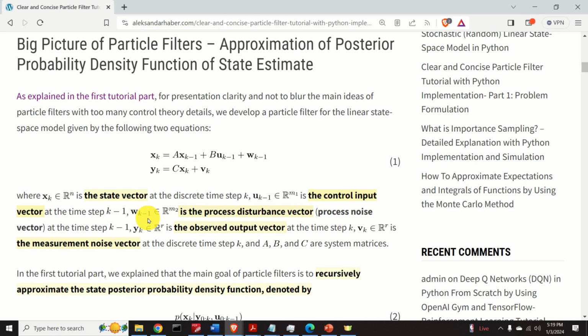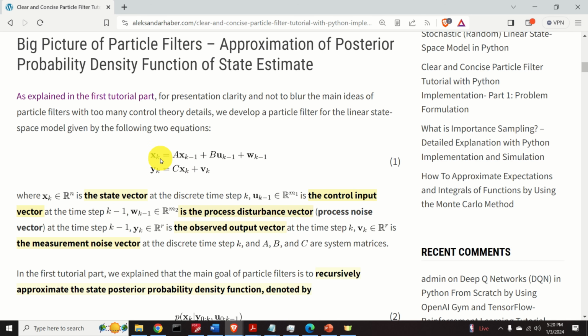As explained in the first tutorial part, for presentation clarity and not to blur the main ideas of particle filters with too many control theory details, we develop a particle filter for the simplest possible case. That is, we consider a linear state space model given by this equation.